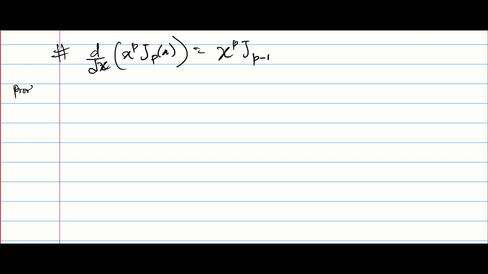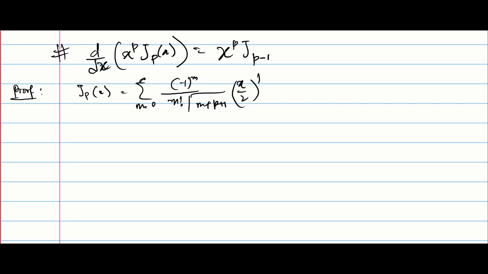Let's prove it. Jp, we know, is the sum from m equals 0 of (-1)^m over factorial m times gamma of (m plus p plus 1), times (x/2) to the power 2m plus p. Now let's multiply by x to the power p.